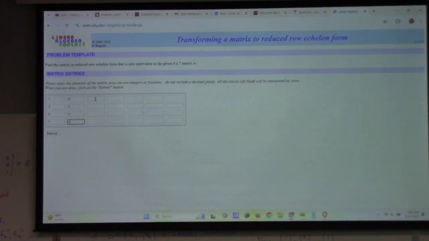We'll make the third column the first two added together. So what's 1 plus 0 is what? 4. You guys help me out here. 6, 7. We'll make the fourth column the difference of the first two columns. So 1 minus 0, 3 minus 1 is 2, 5 minus 1 is 4, 7 minus 0 is 7.